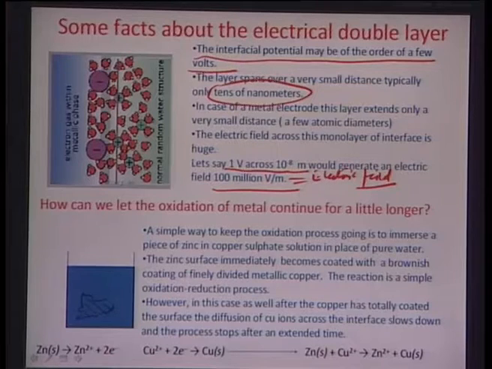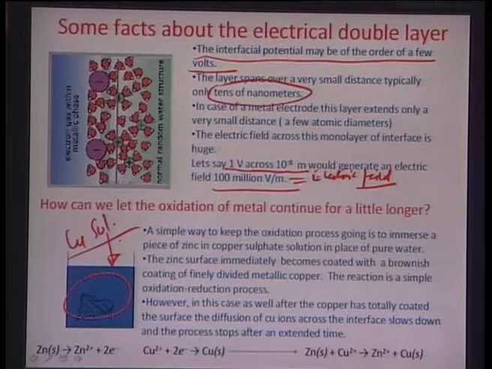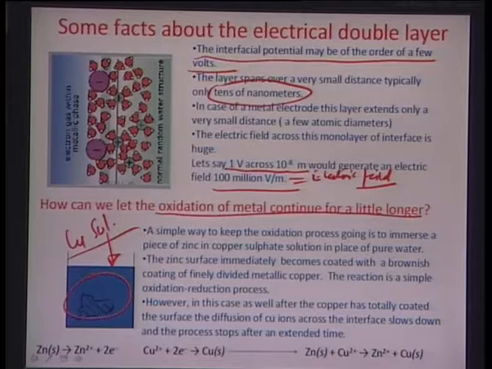What happens, as another illustration, if a piece of zinc is dipped in copper solution? Let us first consider how this oxidation of the metal, which we saw in the last case where zinc was being converted into Zn plus 2, can be extended for a little longer.